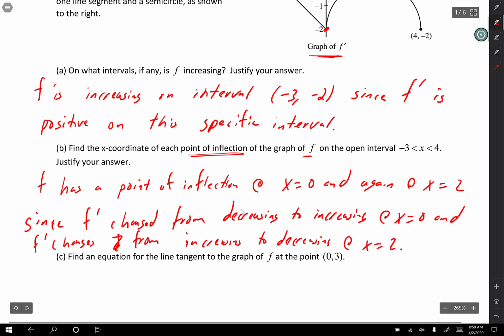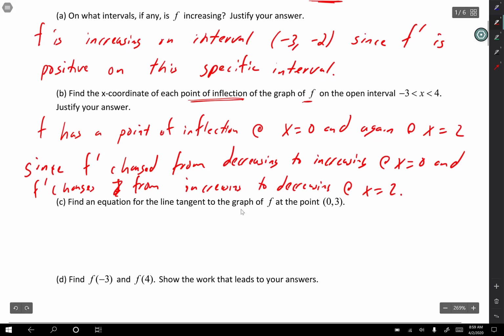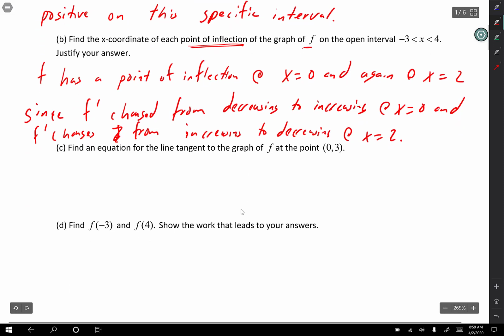Done. Full credit. Let me read it again. F has a point of inflection at x equals 0 and again at x equals 2, since f prime changed from decreasing to increasing at 0, and f prime changes from increasing to decreasing at x equals 2. Perfect. You could have said also f prime changes from decreasing to increasing at 0 and vice versa at 2. But I went ahead and just wrote it all out.